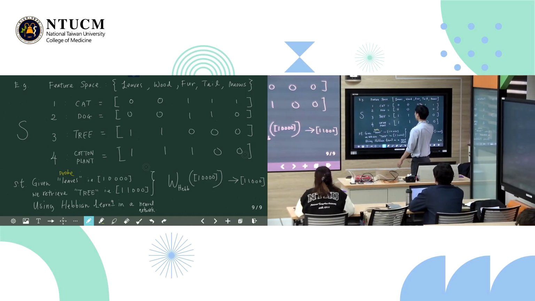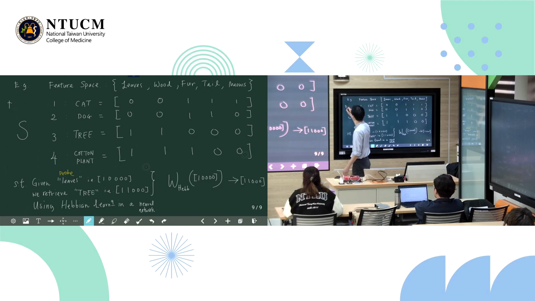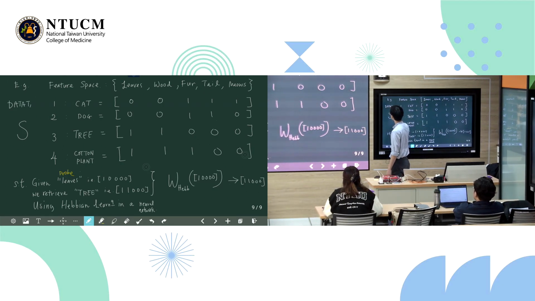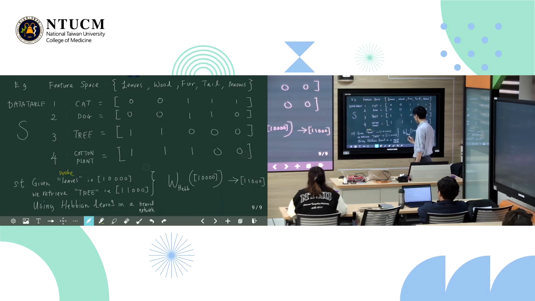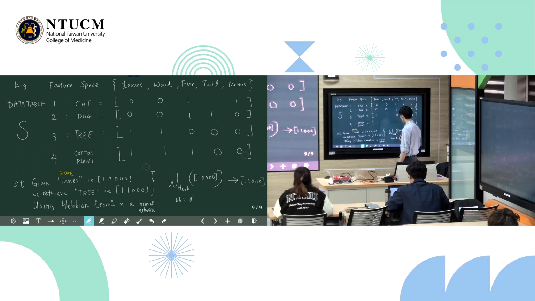So this is roughly the data table, kind of like the logic gate that we dealt with. And in doing this, note that this instantiates decentralized or localized representation.